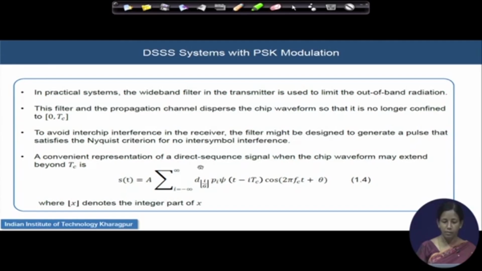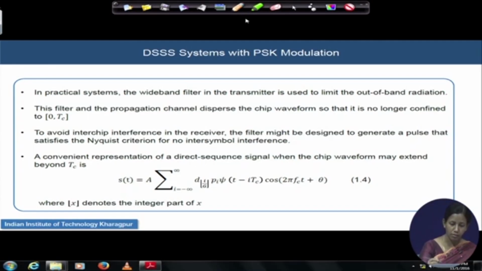Usually what happens in a practical communication system is that you start with a nice rectangular chip waveform, but once this chip waveform is passed through a wideband filter or through the wireless communication channel, both the filter as well as the channel disperse the signal and the waveform gets changed like this. So, the fundamental effect that we see is that there is a spillover because of the dispersion of the filter as well as the wireless communication channel.